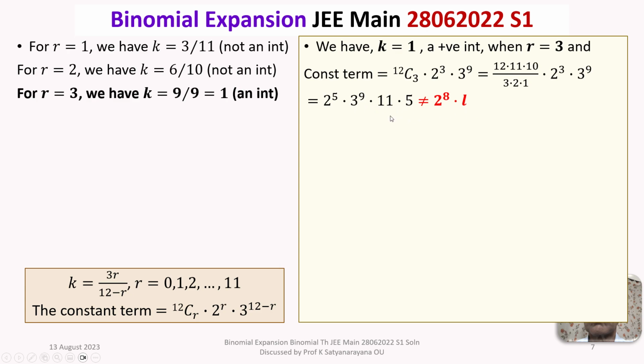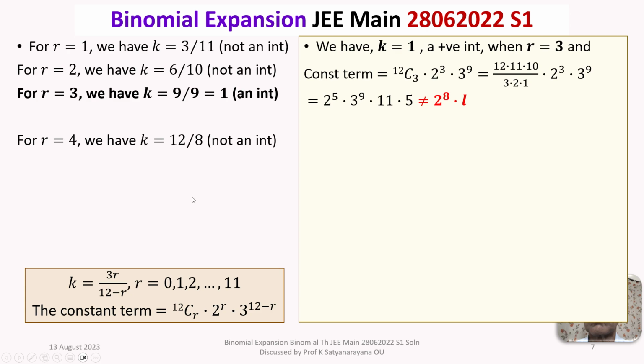So L is odd, which is okay, but it is not equal to 2 power 8. We are looking for the case for which the constant term is of the form 2 power 8 into L, where L is an odd integer. Therefore, this is not the case, so k is not our candidate. So let's get into r is equal to 4.